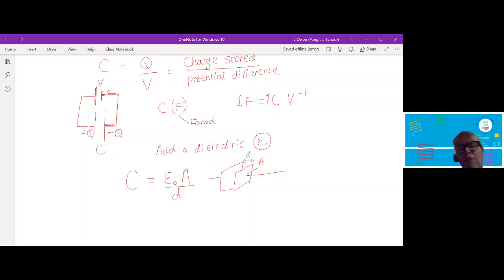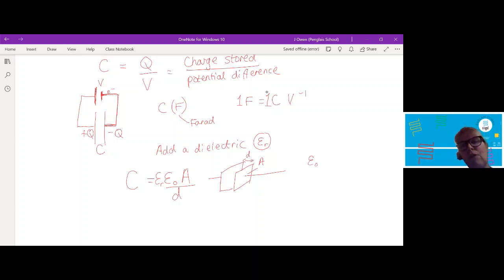So we can increase the capacitance by adding a dielectric. And if we add a dielectric, we add a relative permittivity, which is a number usually bigger than 1 that is multiplied by the permittivity of free space.